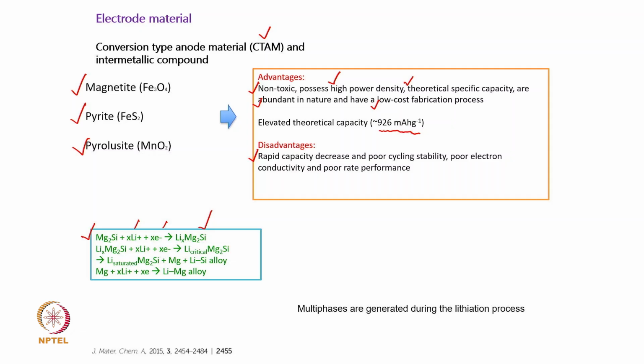Eventually, it again intercalates lithium and it forms a Li critical Mg2Si, okay, which is an intermediate compound, not a very stable compound, and then it becomes Li saturated Mg2Si, a lithium silicon alloy, and then the Mg again intercalates lithium and electron and forms an LiMg alloy. So, these types of complex materials are also being studied nowadays as anode material for lithium ion battery, and one can find several examples in the literature.